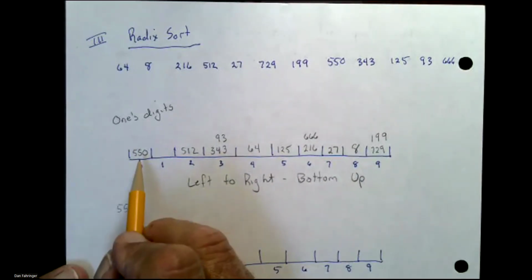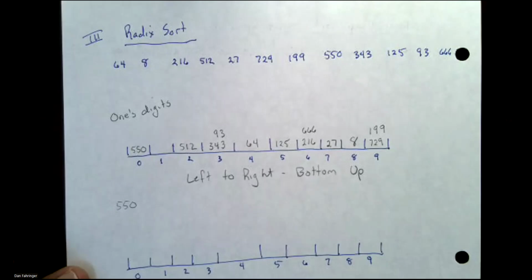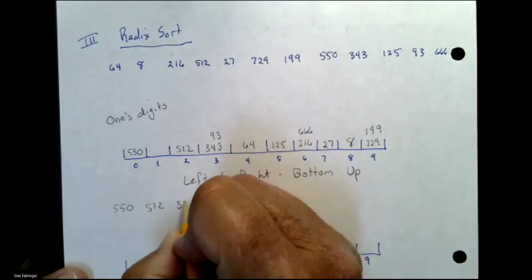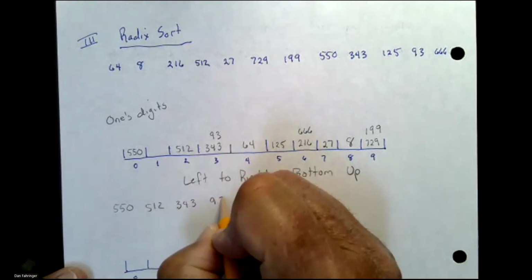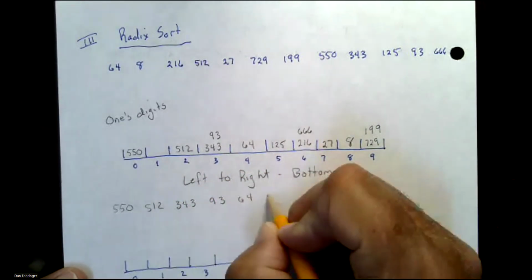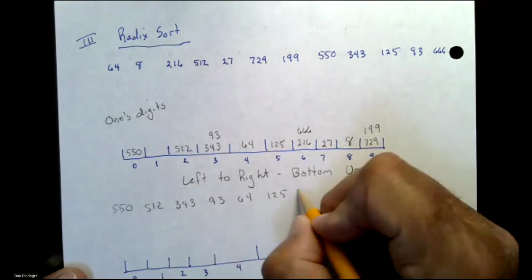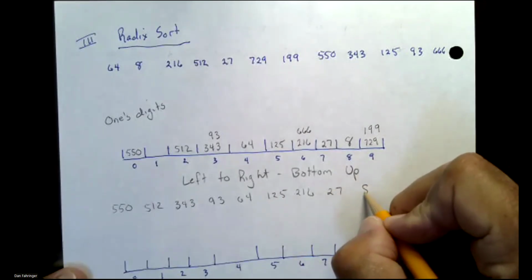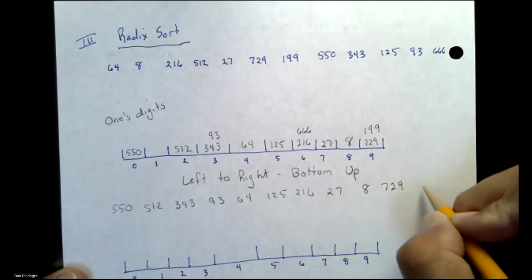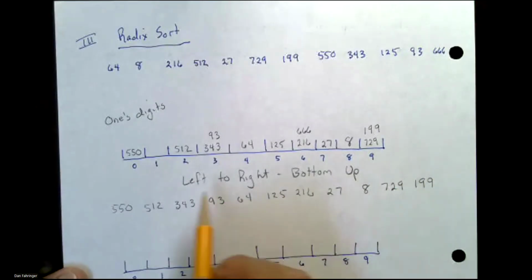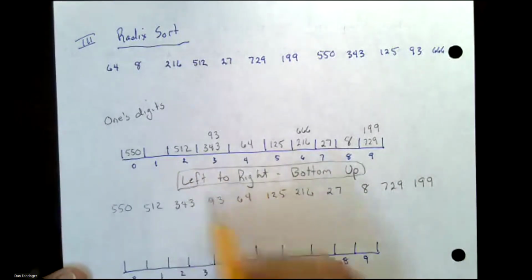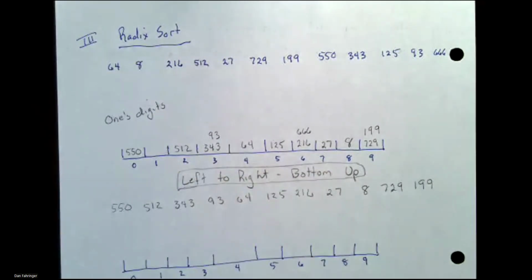This is 3-digit numbers, so I'm going to do buckets 3 times. 512. Bottom up, 343, 93, 64, 125, 216, 27, 8, 729, and 199. So I went left to right, and did my bottom up.